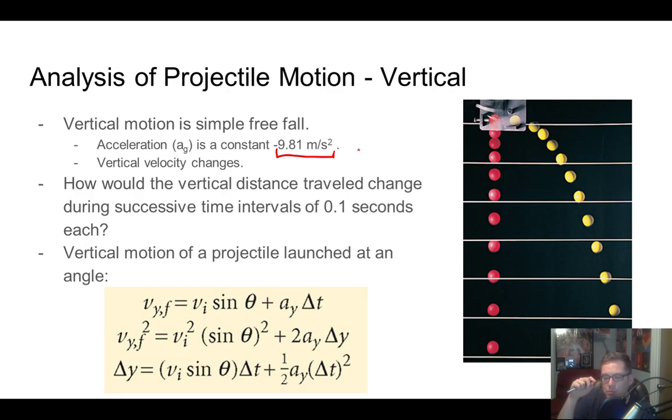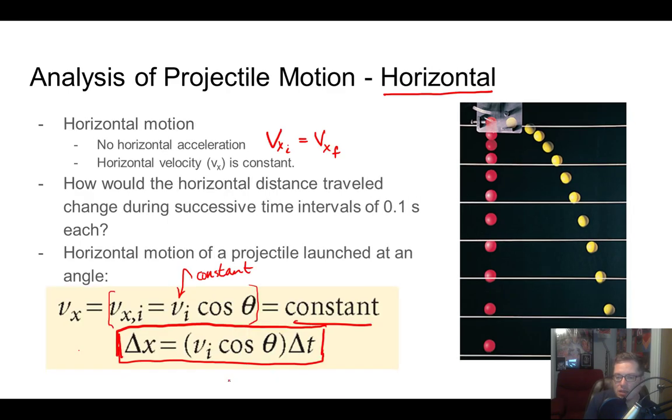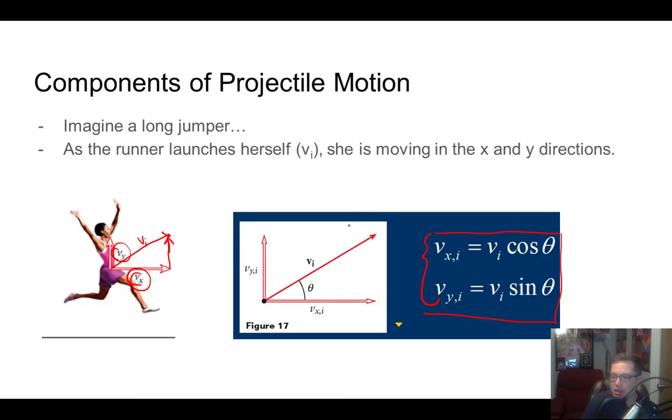That also means that a lot of the kinematic equations you're already used to using apply perfectly well here. The only thing that might be a little confusing is, based on these guys here, which are essentially the kinematic equations, you might notice these sine thetas thrown in. Remember, these sine thetas came from this guy right here to convert our resultant into the component in the y direction.